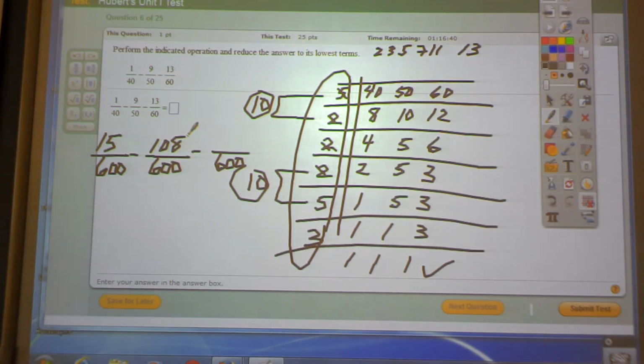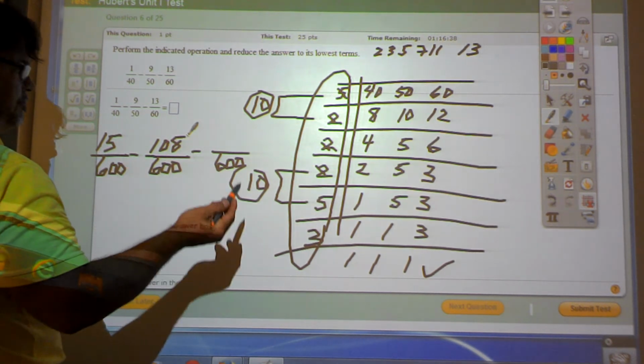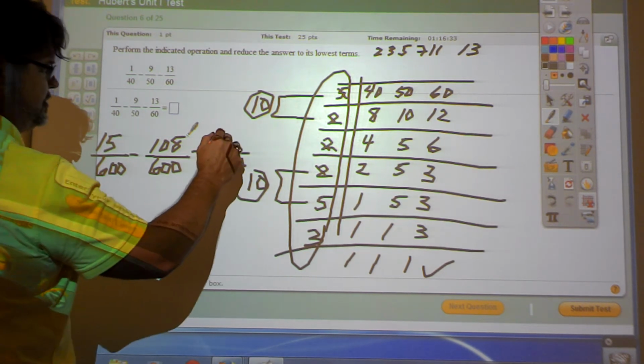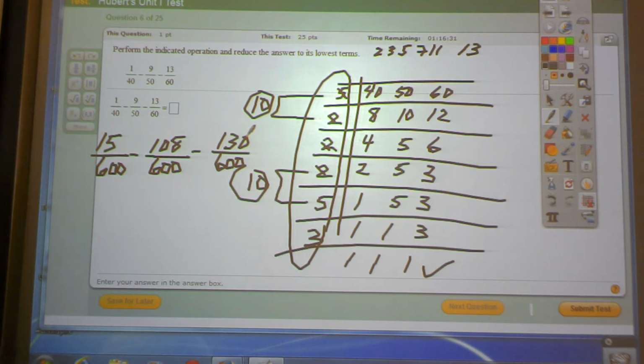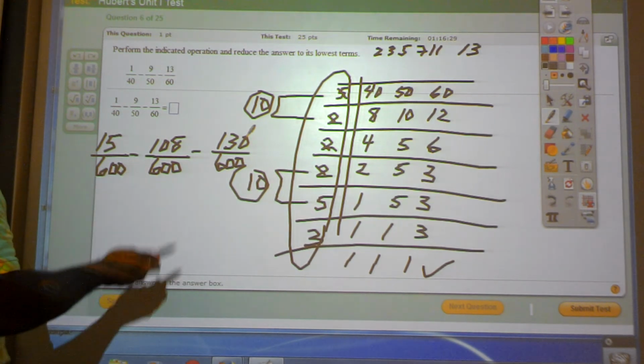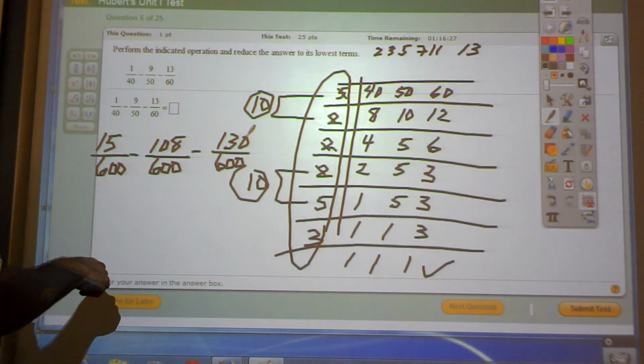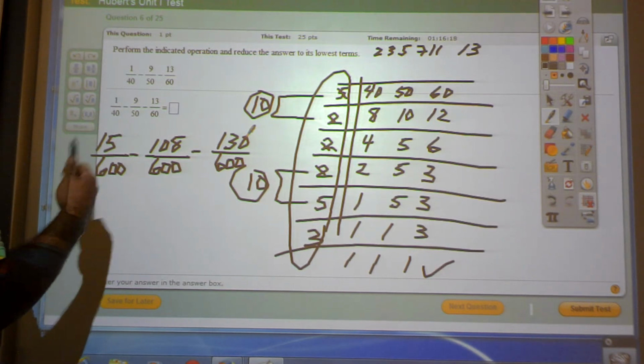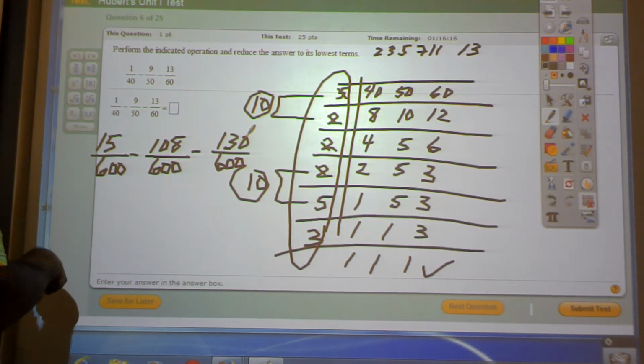And then 60 will go into 600 10 times, Hubert, that's right. 10 times 13 is 130. And then 15 minus 108 is going to be negative 107, right? Somebody check my math. Negative 93.